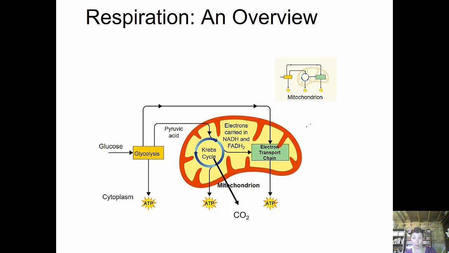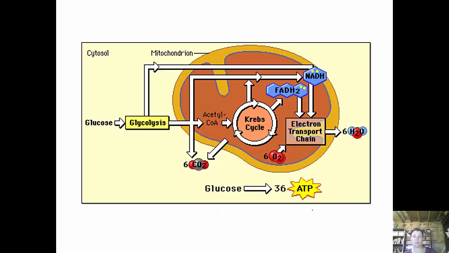So, the electron transport chain, remember, this is where oxygen is going. And that's where water is coming out. Here's just another visual. Carbon dioxide's coming out. Oxygen going in here and coming out as water.